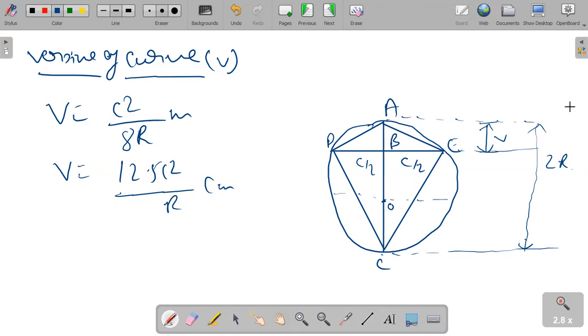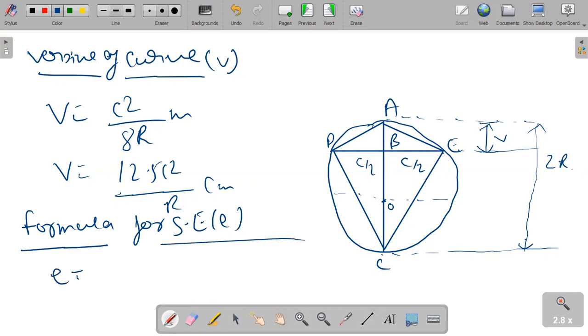And let's move on to another thing, the formula for super elevation, denoted as E. So the formula for super elevation is equal to GV square upon 127R, where G is gauge.